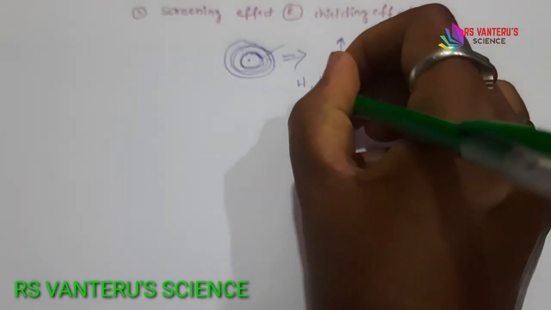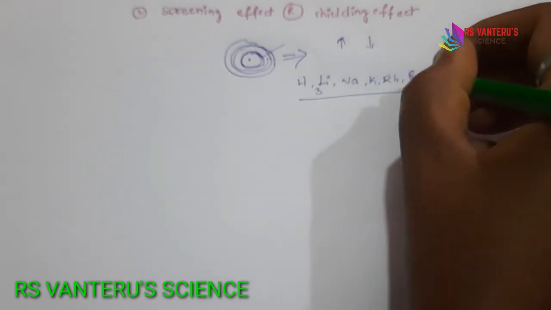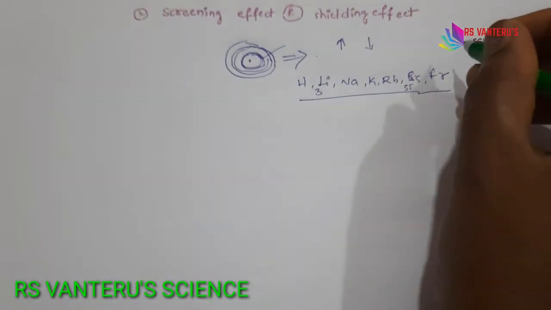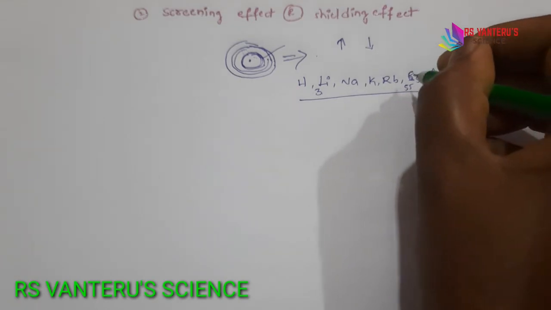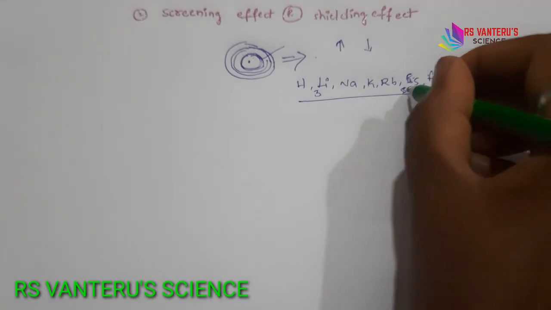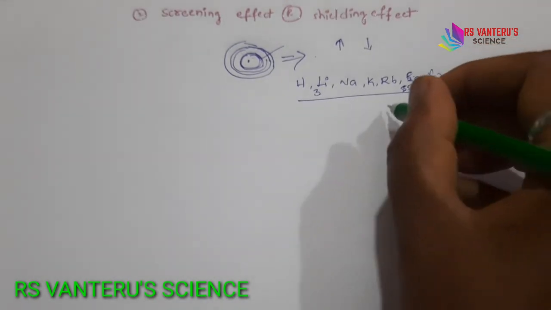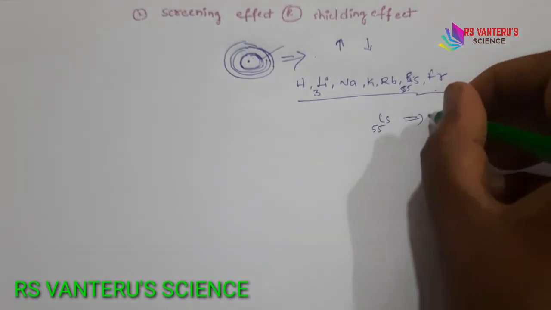Between lithium, atomic number 3, and cesium, atomic number 55, cesium has more inner shells.